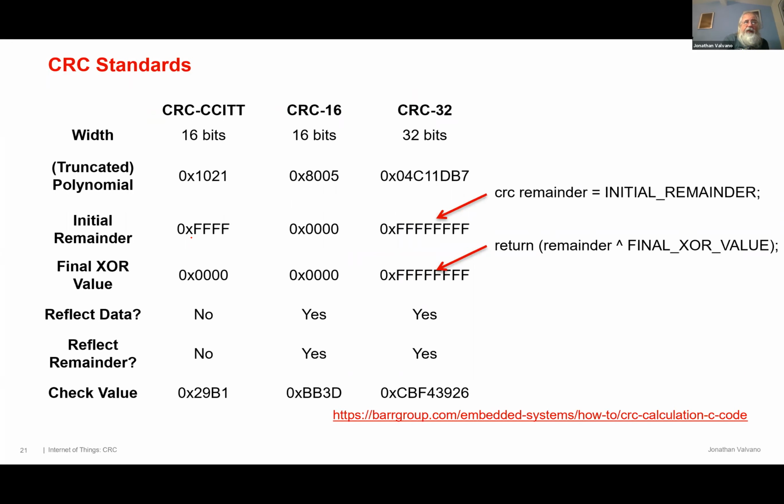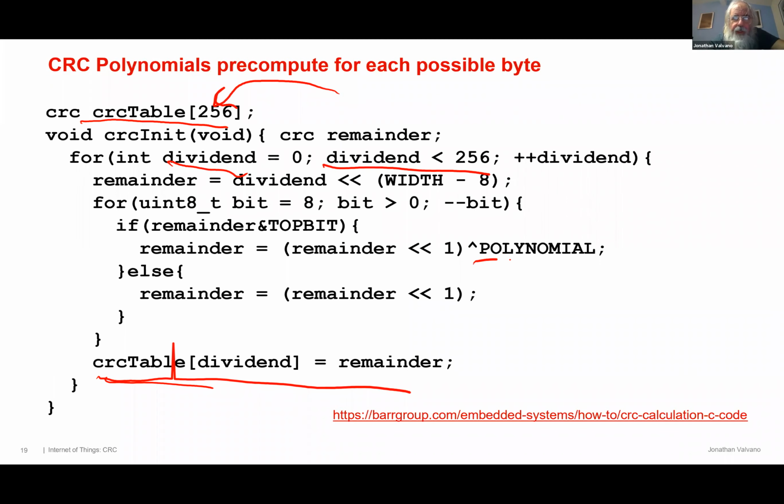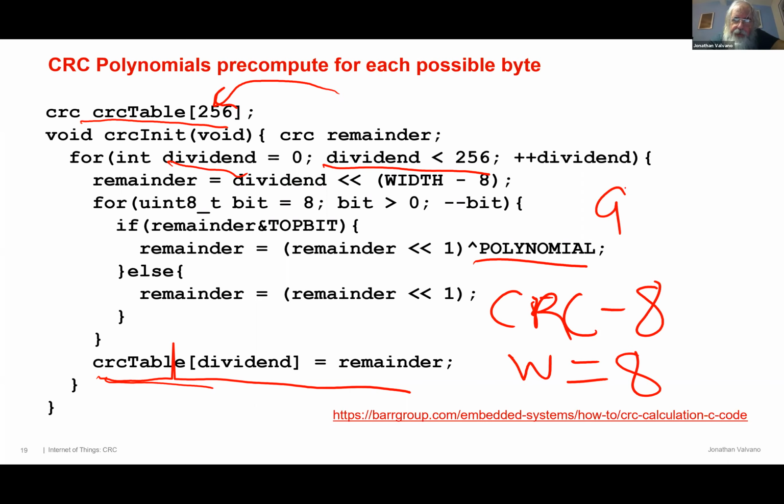Yeah, this is one of the slides I was looking for, and that is the polynomials here. Now, it doesn't look like the most significant bit is set, but it turns out in this algorithm, if you have a CRC 8, in other words W equals 8, it's a 9-bit polynomial.